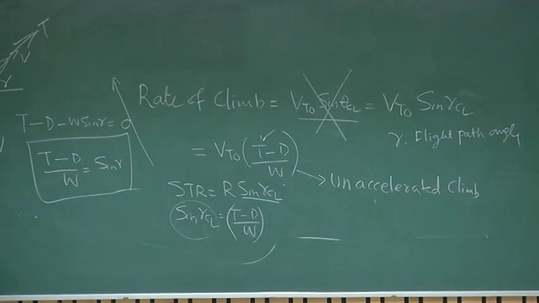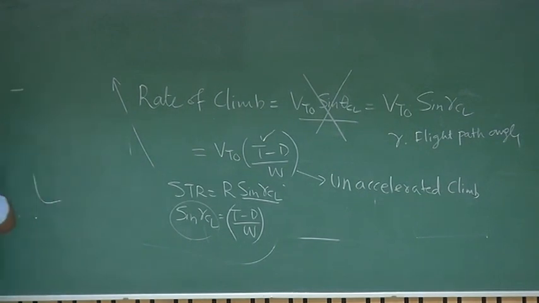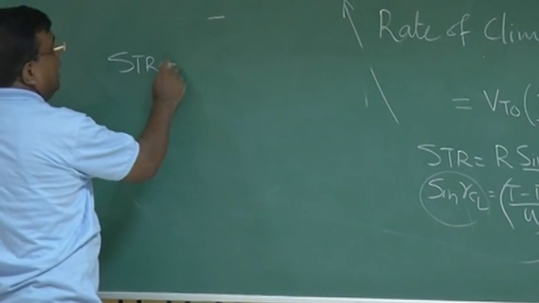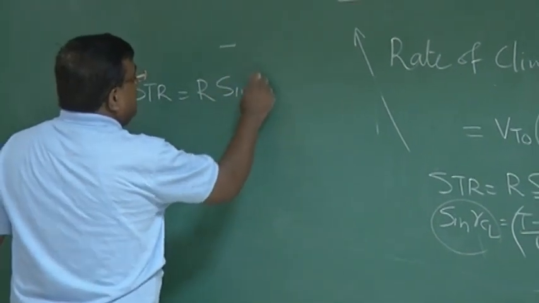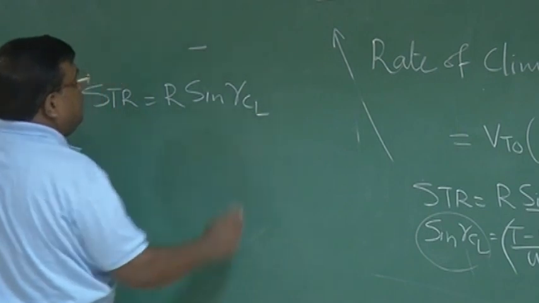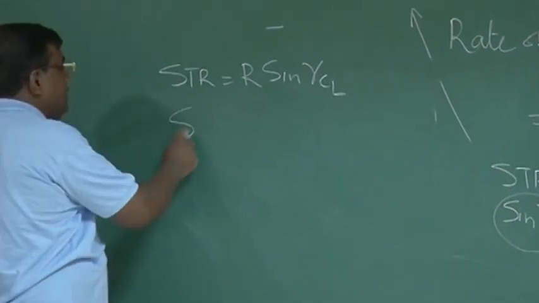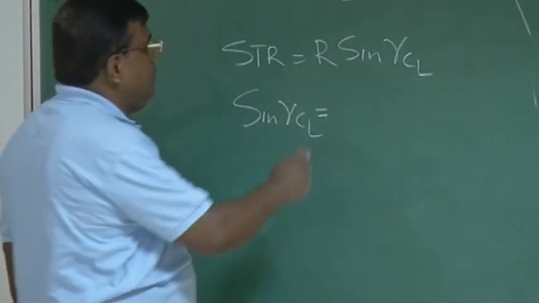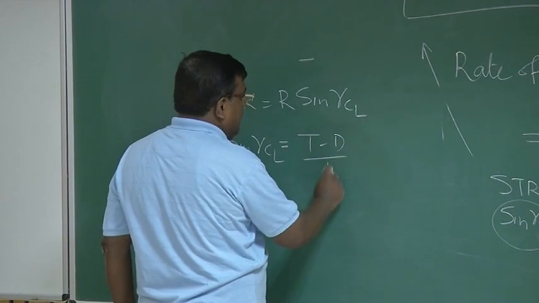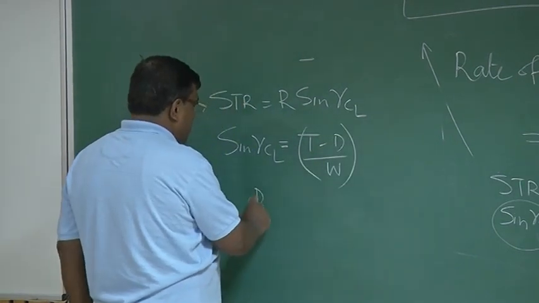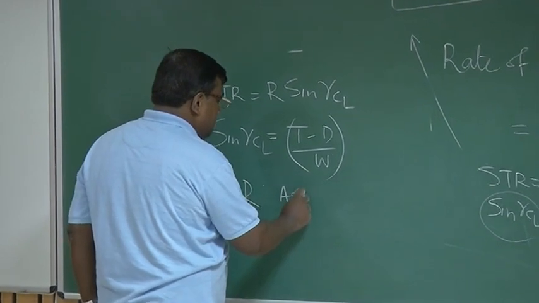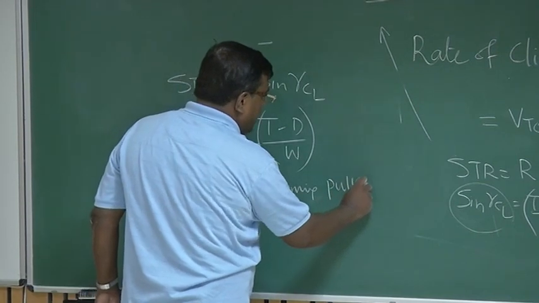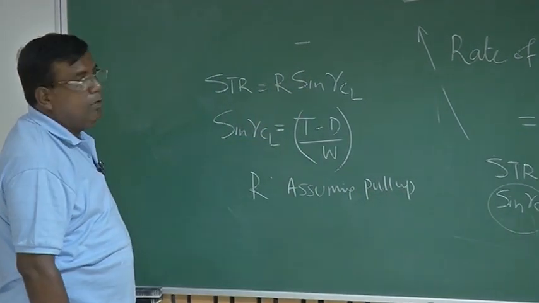If I repeat the last part, STR is approximated as R sine gamma CL, and sine gamma CL I have calculated using T minus D by W. R we have calculated assuming pull-up. Already I have shown that. So once I know this number, I have no issues.